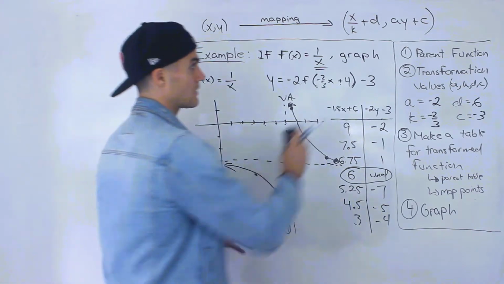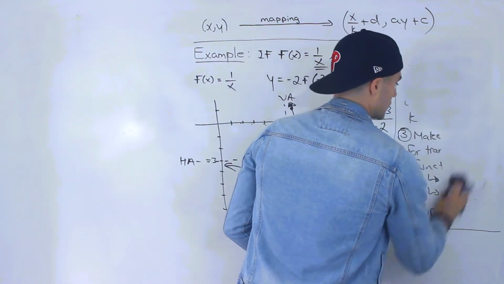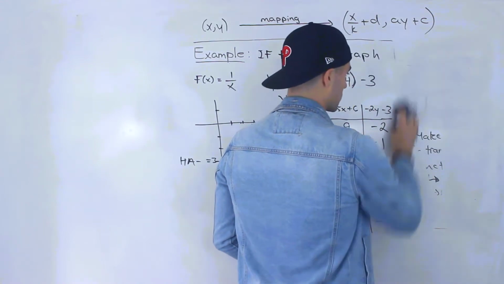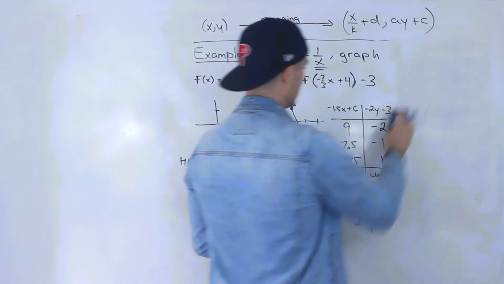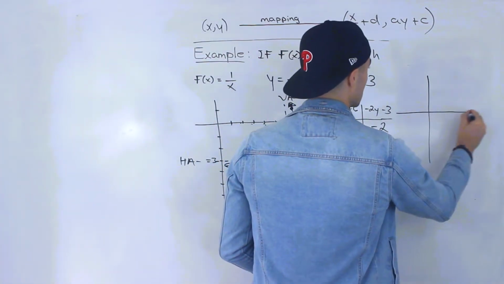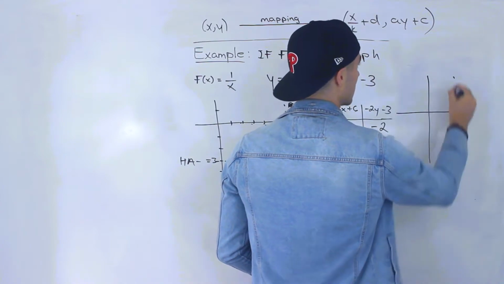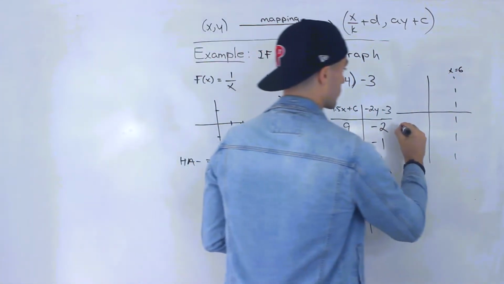And if we scale this out, I'm going to erase these because we won't have to use these steps anymore. Hopefully you got them written out by now. If we scale out here, basically the way this graph looks is we got this x equals 6 vertical asymptote, horizontal asymptote y equals -3.